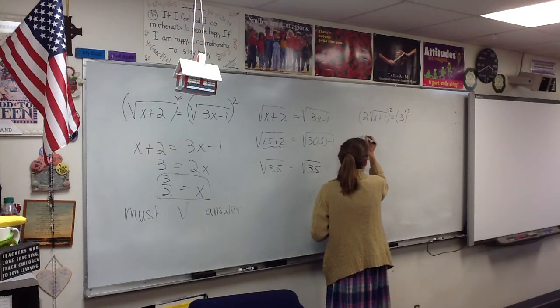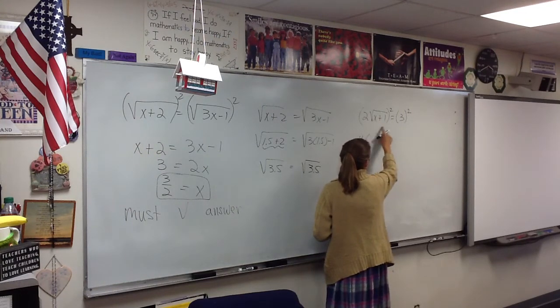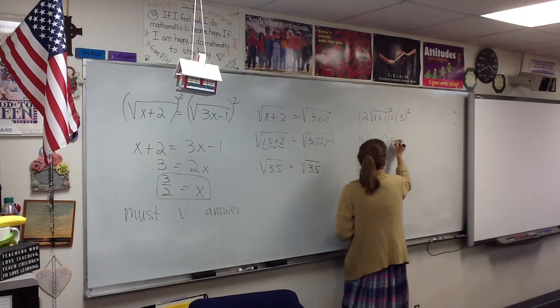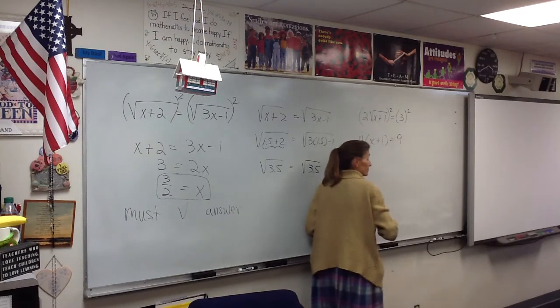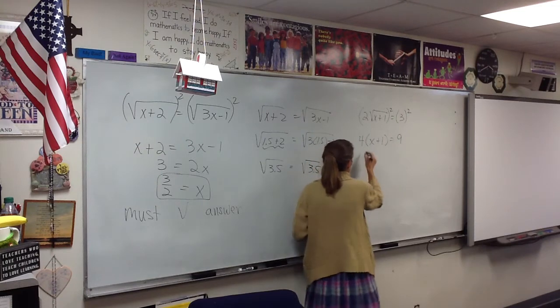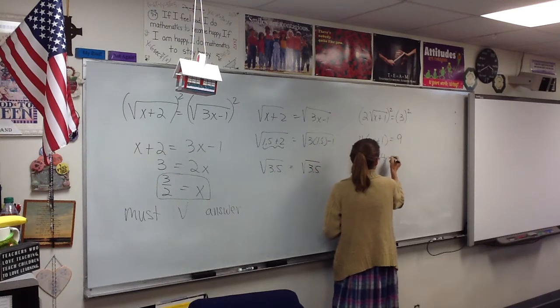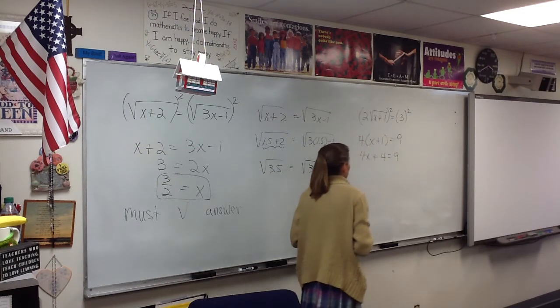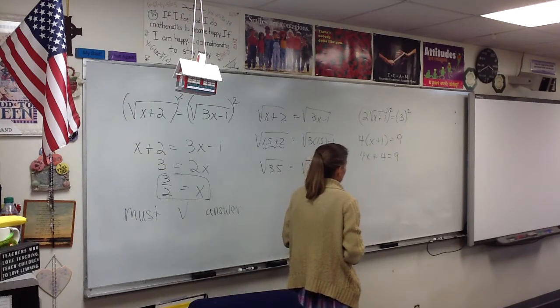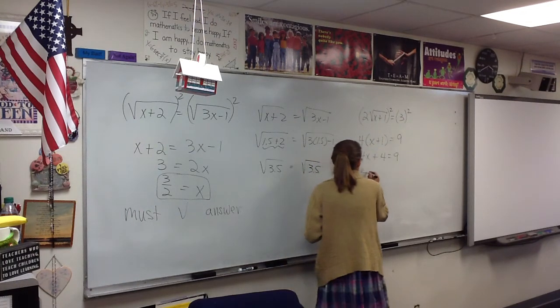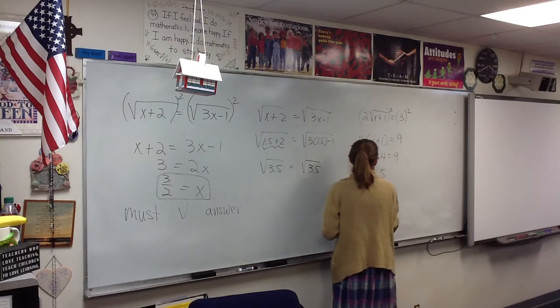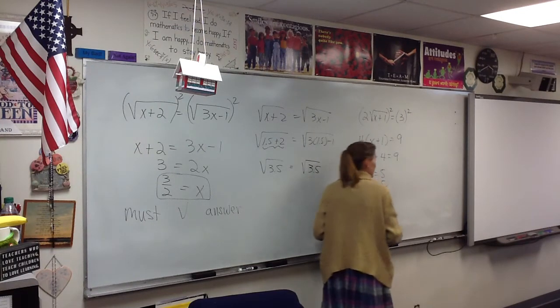So you're going to have 4 times what? X plus 1 equal to 9. So 4x plus 4 equals 9. 4x equals 5 and x equals 5/4.